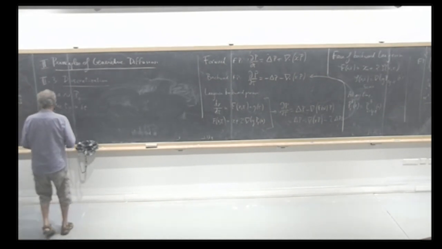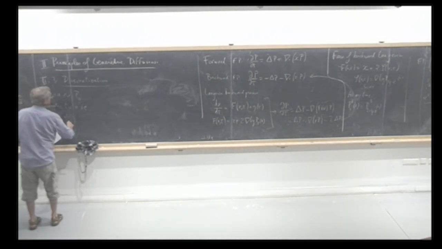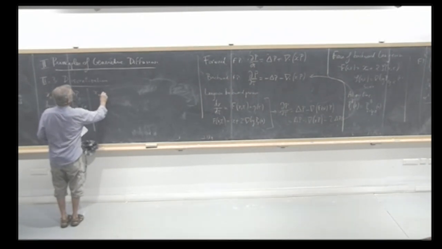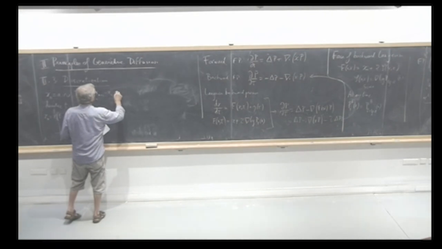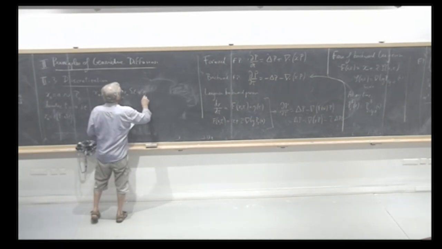So if I write xn equal x of t equal n delta t, what we have seen before is that the Langevin equation, properly discretized, reads now xn plus 1 minus xn is equal to minus xn delta t plus eta n square root of 2 delta t.